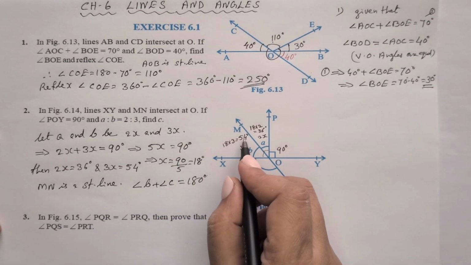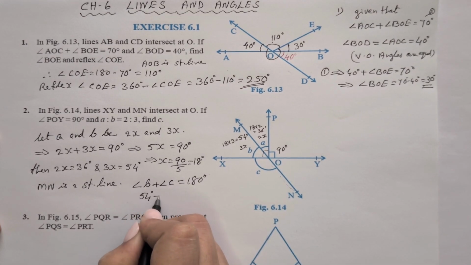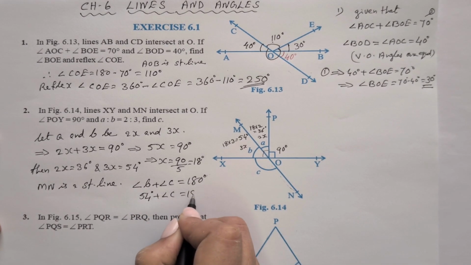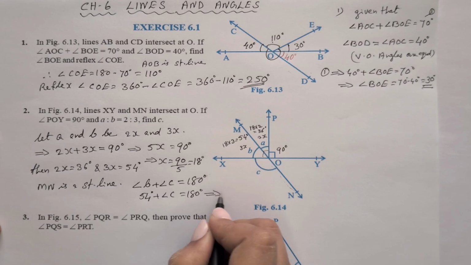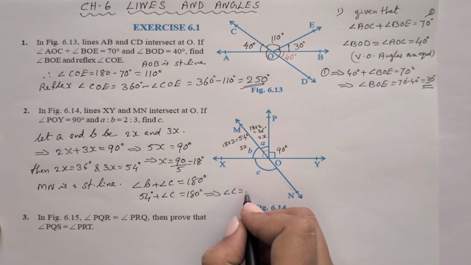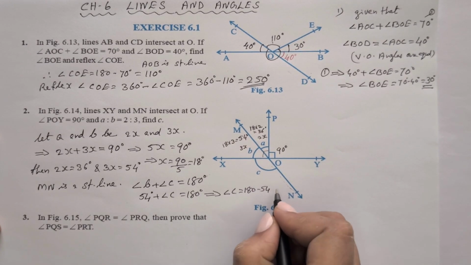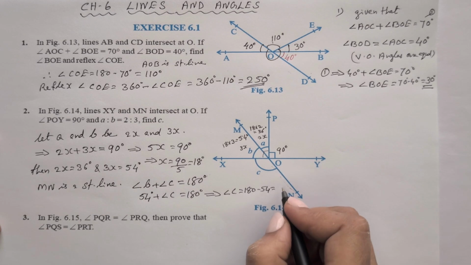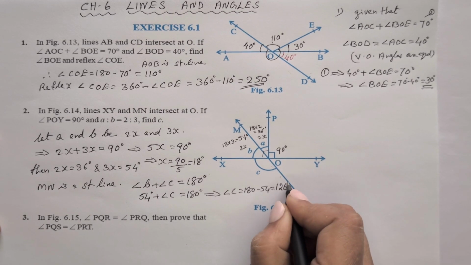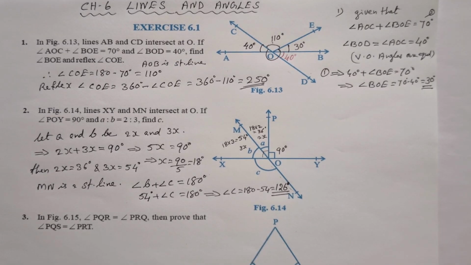Here angle b we got as 54. 54 degrees plus angle c is equal to 180 degrees, which implies angle c is equal to 180 minus 54, which is equal to 126 degrees. So angle c is equal to 126.